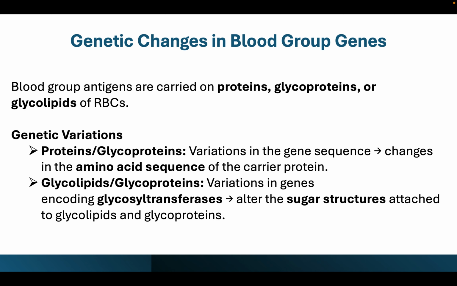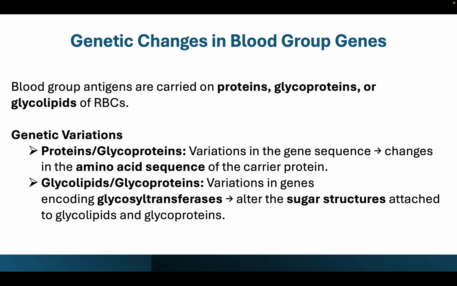If the genetic variation occurs on the glycolipid or glycoprotein, then the variation in the gene encoding the glycosyl transferase alters the sugar structure attached to the glycolipid or the glycoprotein, with consequences for antigen expression.